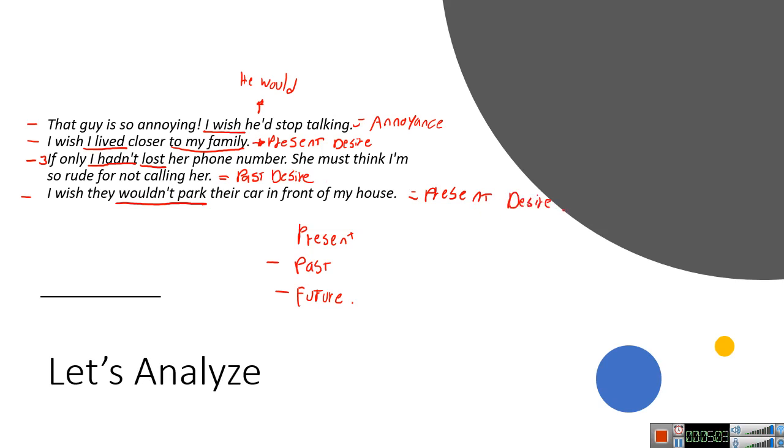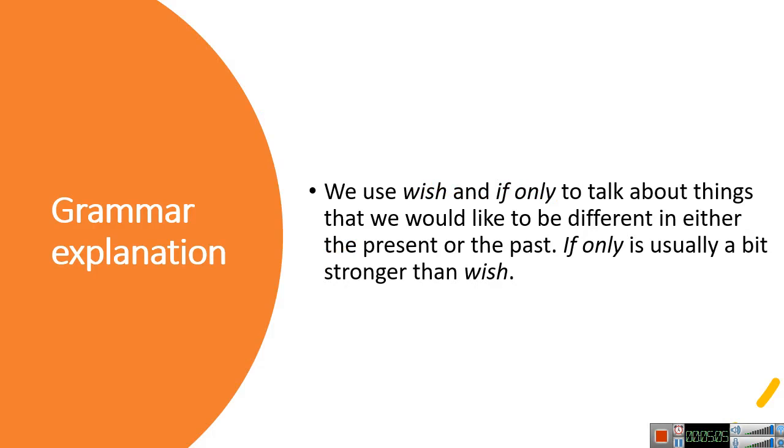All right. Let me explain that in terms of grammar. So we use wish and if only to talk about things that we would like to be different in either the present or the past. Present or past. So what do we use in the present or the past? Wish and if only. They mean the same.